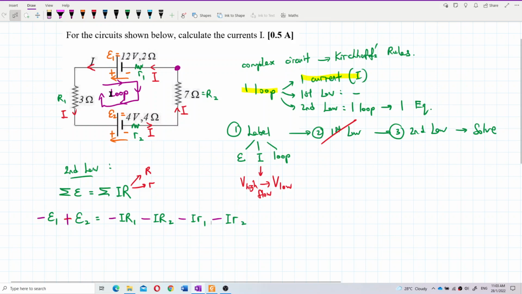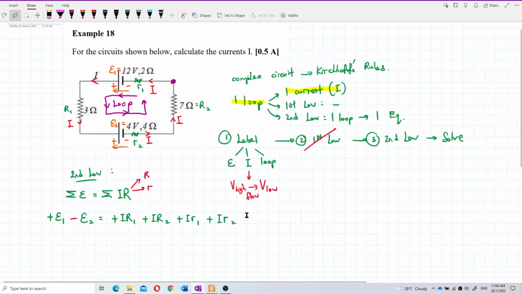So try to make a wise decision regarding the loop direction. Try to make it more positive values. So the loop direction anti-clockwise is better. It's wiser to use anti-clockwise because it follows the direction of the current and the EMF, so your equation looks more beautiful, with more positive values, and is easier to solve.